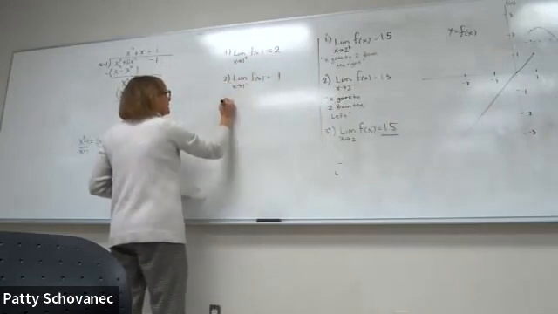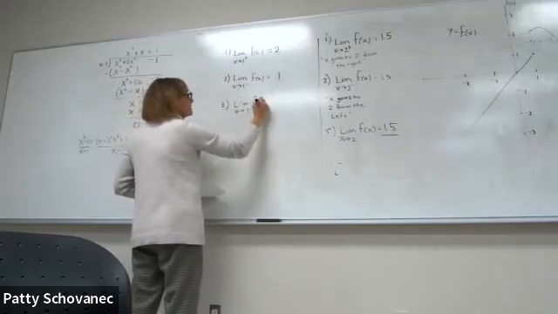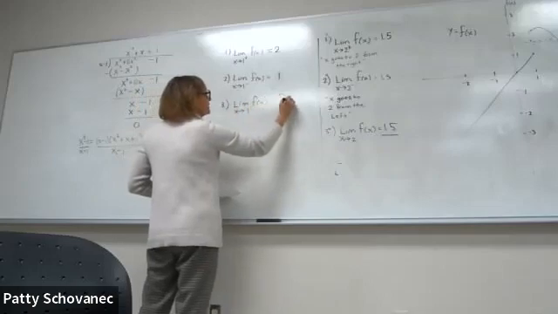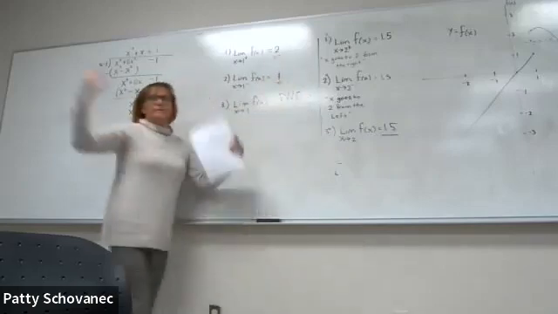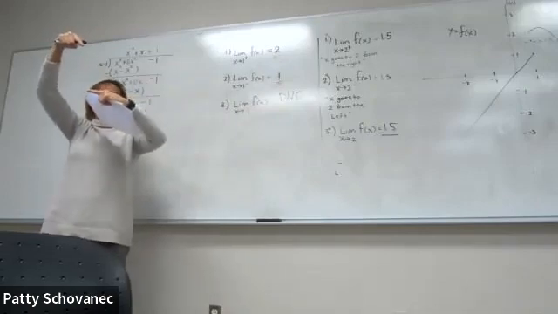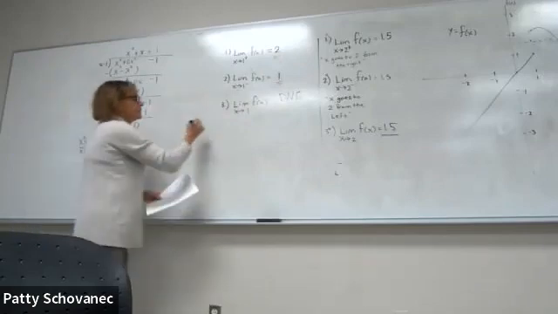Automatically, I can state that the limit as x goes to 1, without any regard to direction, doesn't exist. So I'm just going to write does not exist, because these two do not meet up. Okay? Any questions?